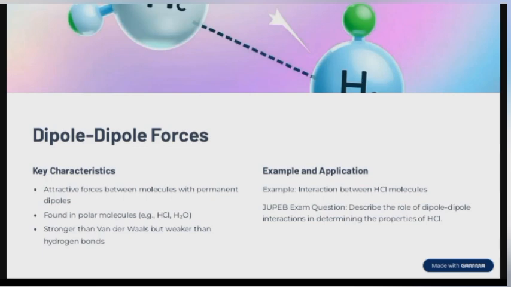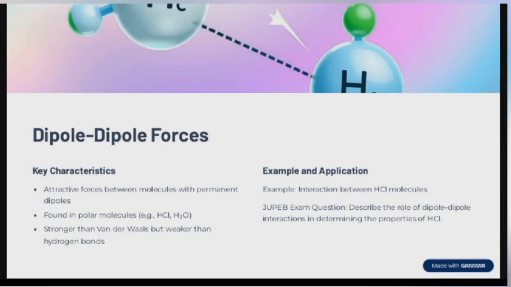So how does this dipole-dipole interaction look? It's just obedience to the principle that like poles repel and unlike poles attract. When you have two dipoles, let me say dipole A and dipole B, each has a positive and negative end.